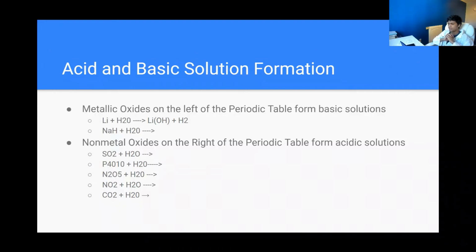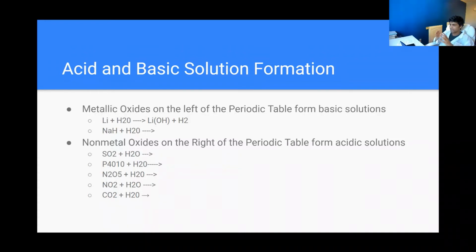Now let's take a look at metal hydrides, especially sodium hydride. Predict the reaction. What will happen when you mix sodium hydride plus water? Pause the video and think about what's going to happen. Salts of sodium are soluble in water, and this will release hydride ions.